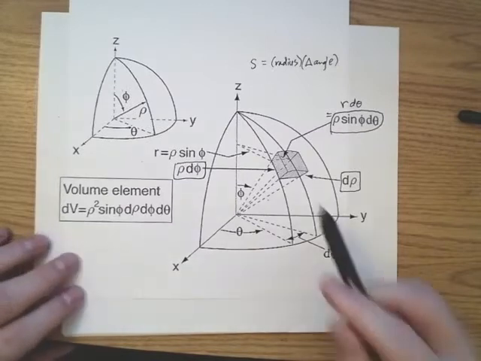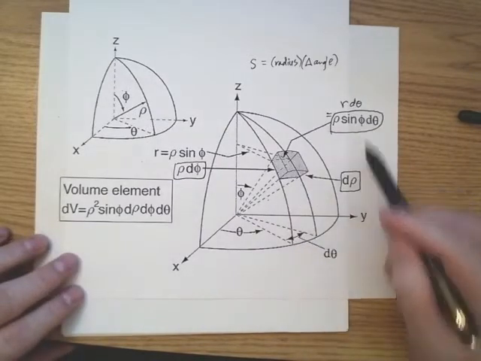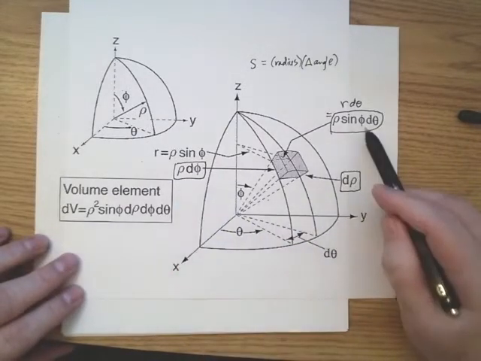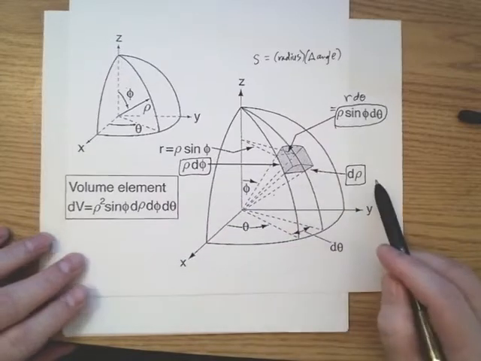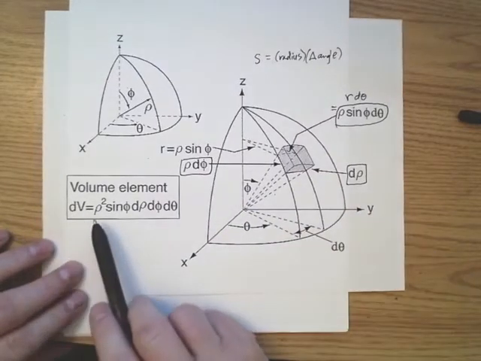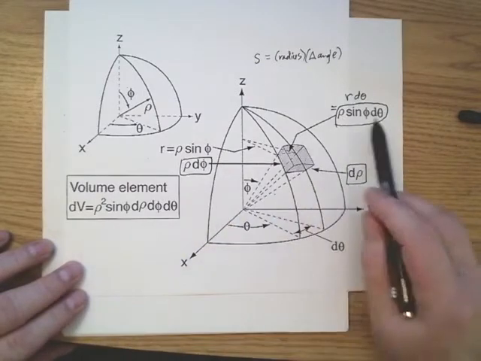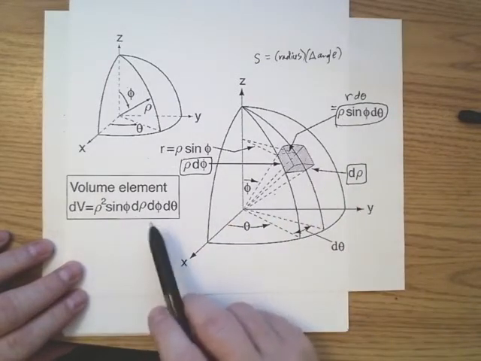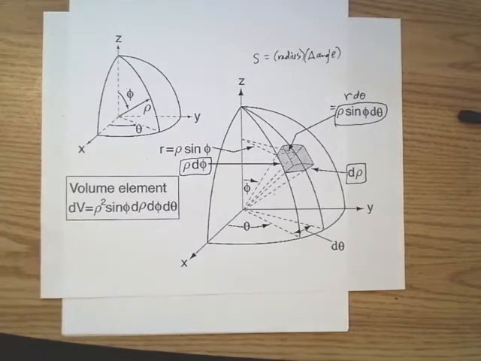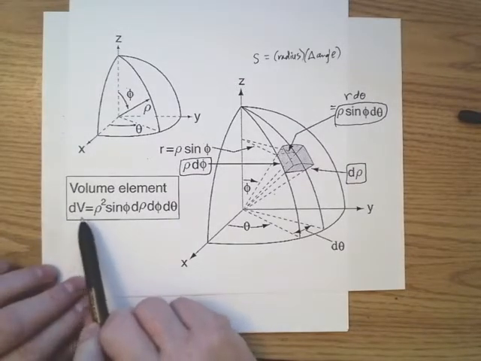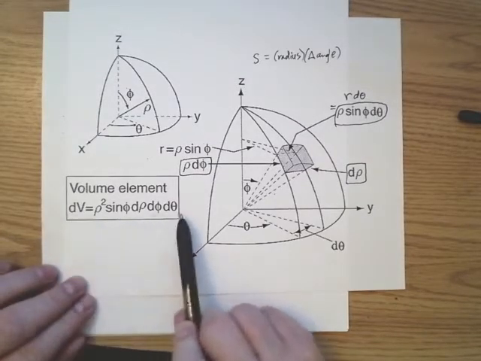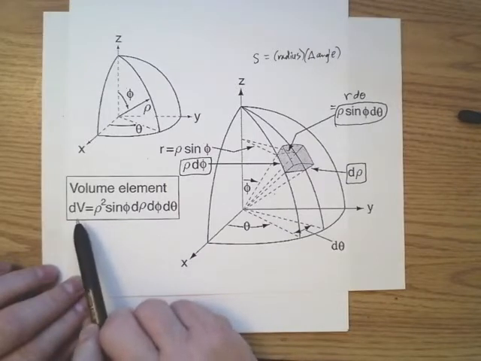Now, because this is a Cartesian wedge, I'm going to multiply these quantities I have circled together. We're going to have dV is two rhos, so that's rho squared, and then the sine of phi, then d rho d phi d theta. You're always going to have to include this little volume element for your dV.